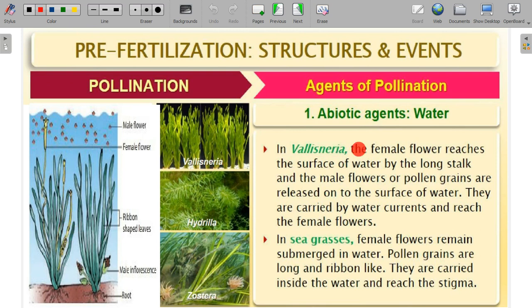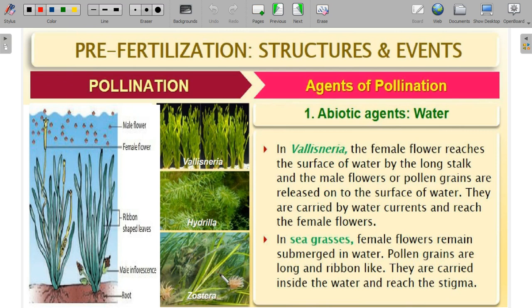So in Vallisneria, the female flower reaches the surface of the water by a long stalk, and the male flowers or pollen grains are released on the surface of water. They are carried by water currents and reach the female flower. Once the female flower has received the pollen grains, it coils, the stalk becomes small in size because of coiling, and the female goes below the water.